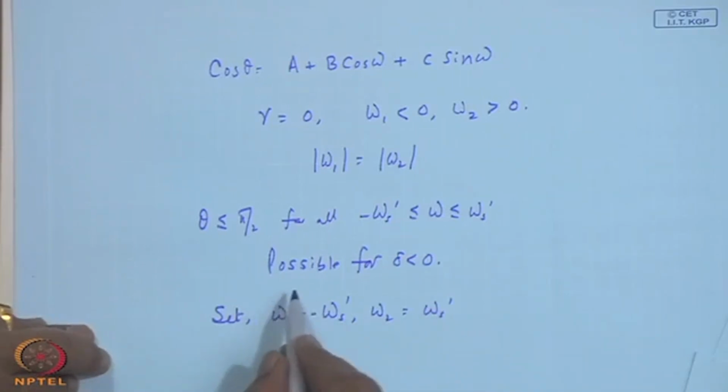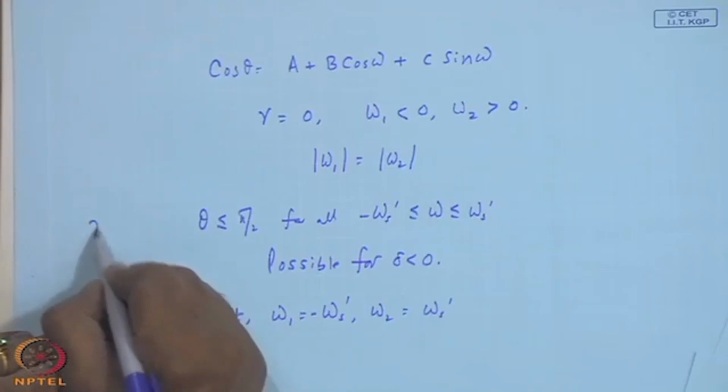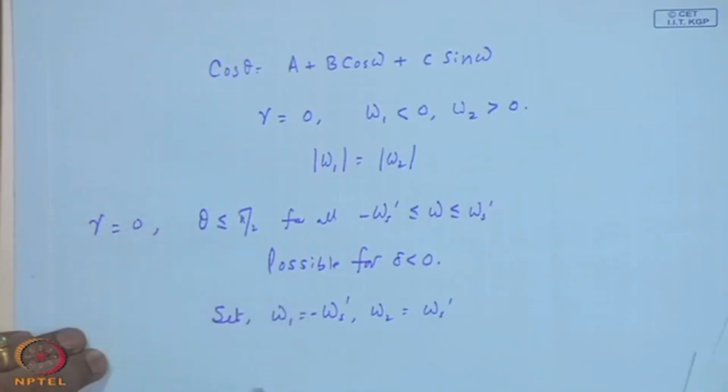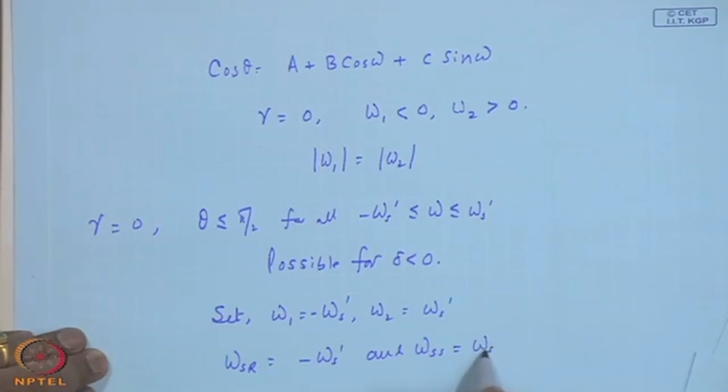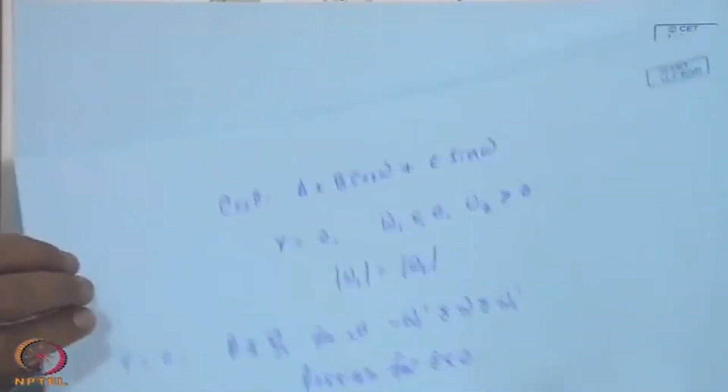And here, because gamma is equal to 0, omega SR will be minus omega s dashed and omega SS will be omega s dashed. Please recall this omega s dashed is the sunset hour angle for the tilted surface facing due south.